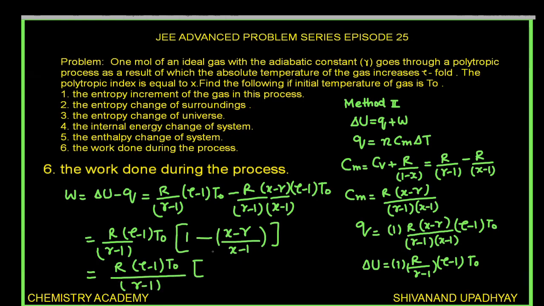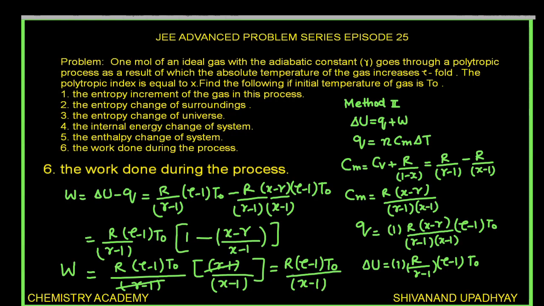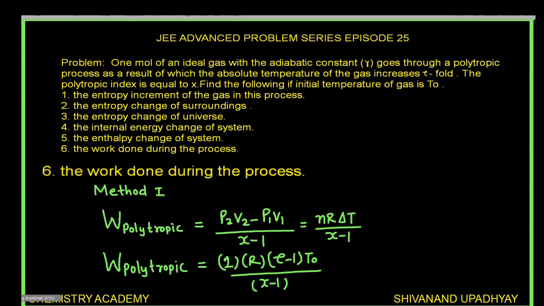On simplifying, x will cancel out, so this value comes to gamma minus 1 upon x minus 1. So gamma minus 1 will cancel out, and we get the same work done that we got from the first method.